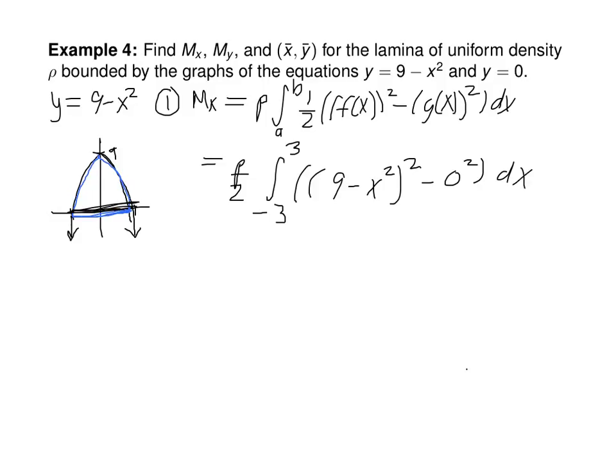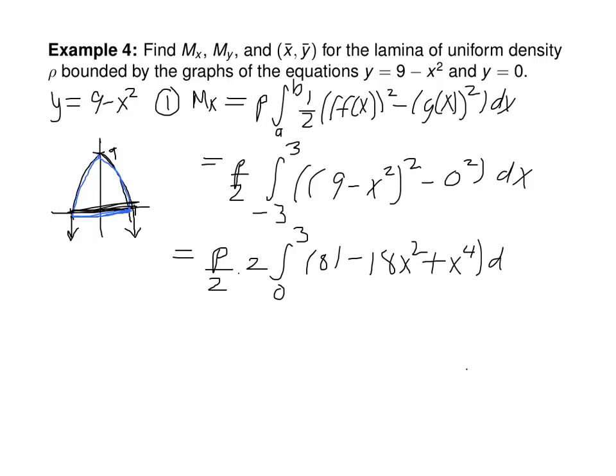Now because we have an even function, we can use some symmetry to give us a little bit of a shortcut here. I can make this into rho over 2 times twice the integral from 0 to 3 of 9 minus x squared. I'm also going to square that quantity, which gives me 81 minus 18x squared plus x to the 4th dx.